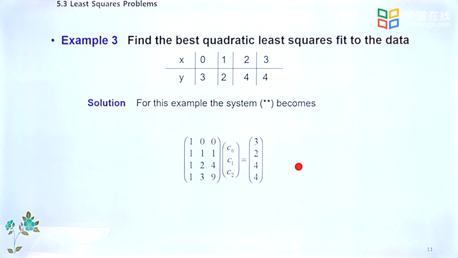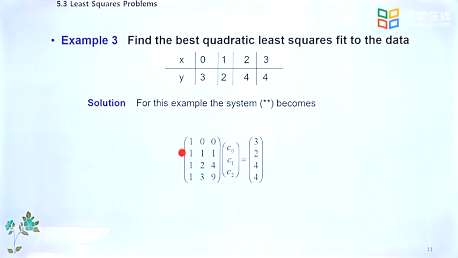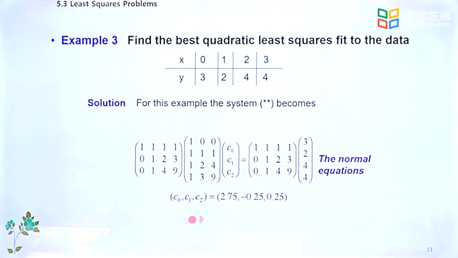This is an overdetermined system, so we seek the least square solution. We try to find its normal equation: the coefficient matrix transpose times this one equals the transpose of the coefficient matrix times the right-hand side vector. So this is the normal equations. Then you solve this linear system and find the unknowns C0, C1, C2.